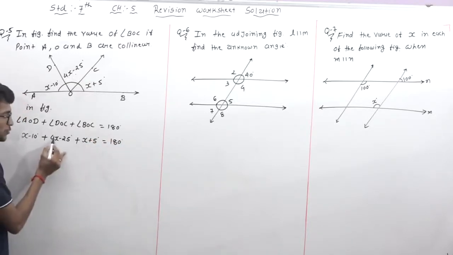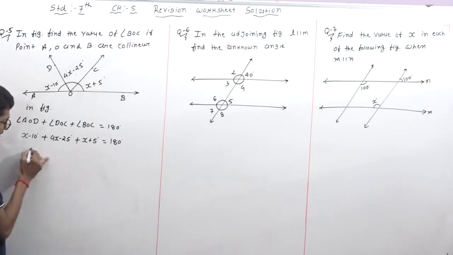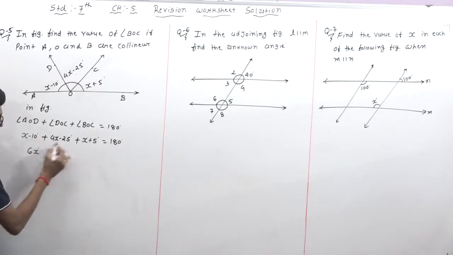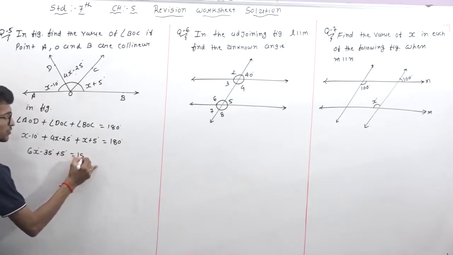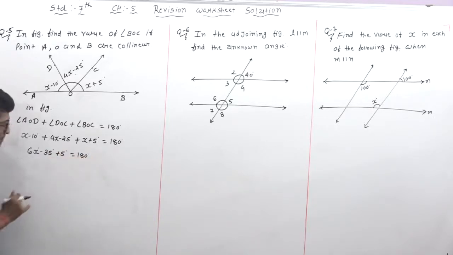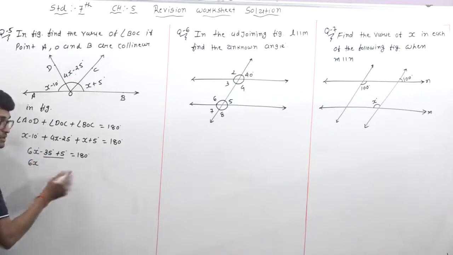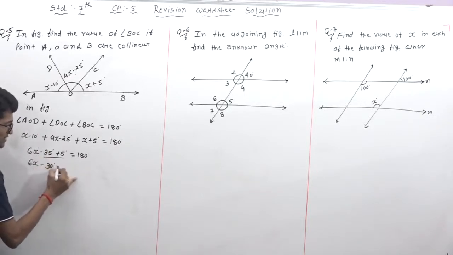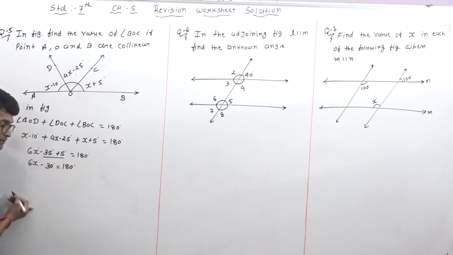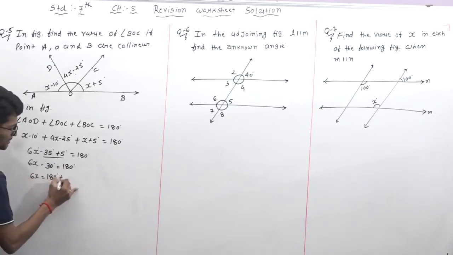Now x plus 4x means 5x, 5x plus x means 6x. 6x minus 10 and minus 25 means minus 35, plus 5, is equal to 180. Now 6x minus 35 plus 5: minus times plus is minus. So 35 minus 5 means 30, so 6x minus 30 is equal to 180. Now moving 30 to this side, 6x is equal to 180 plus 30.